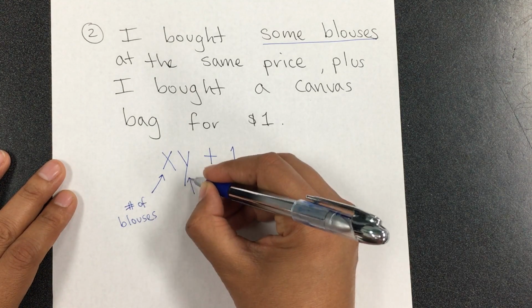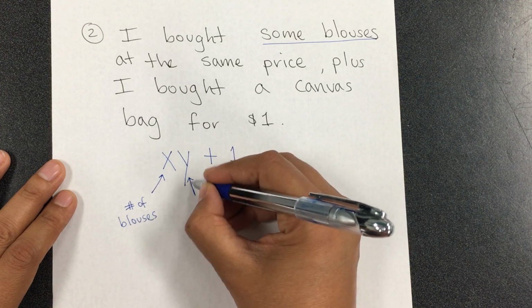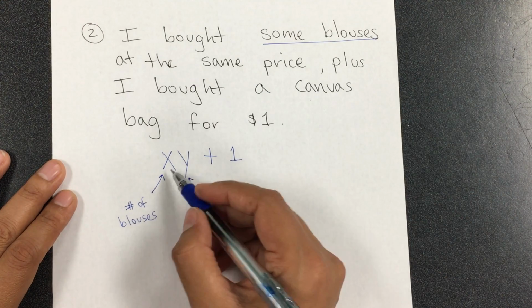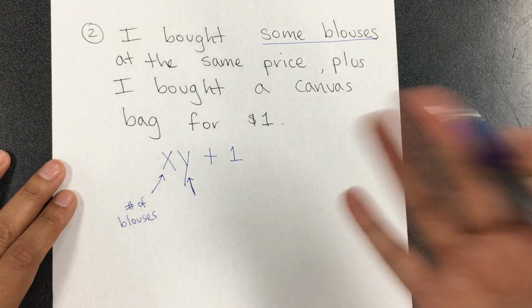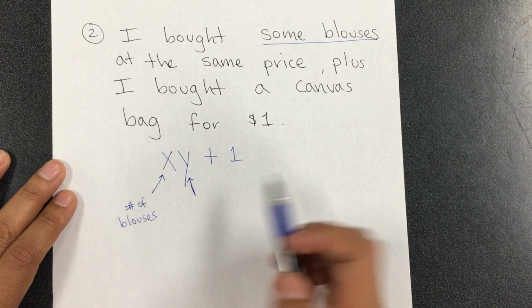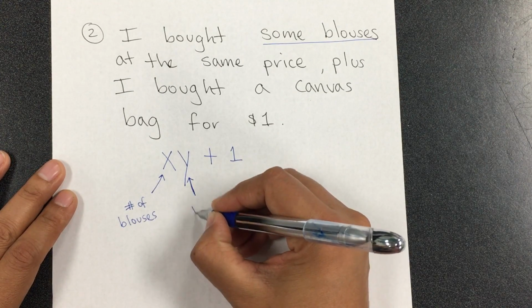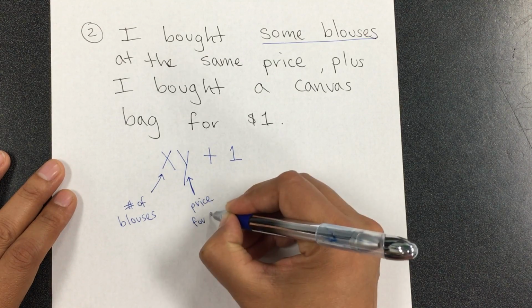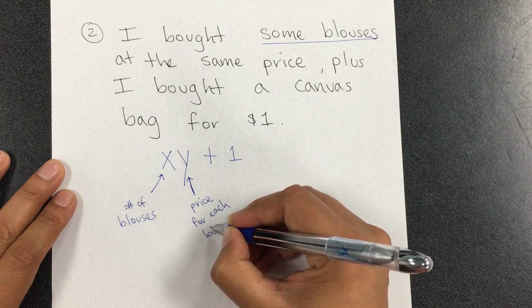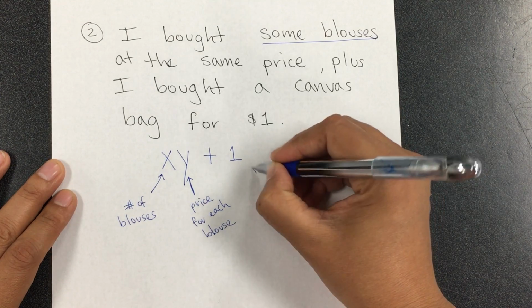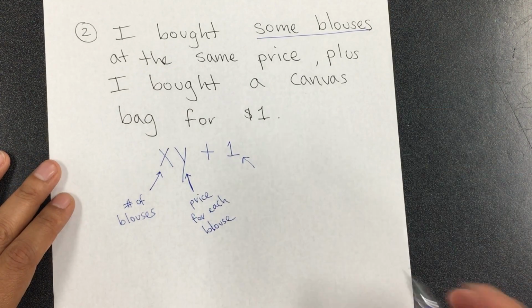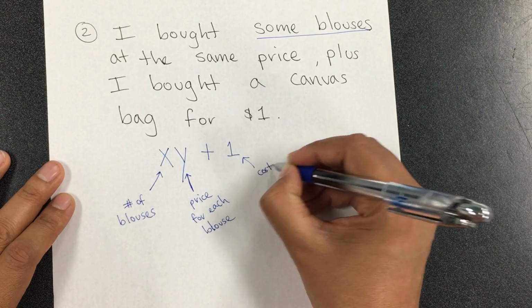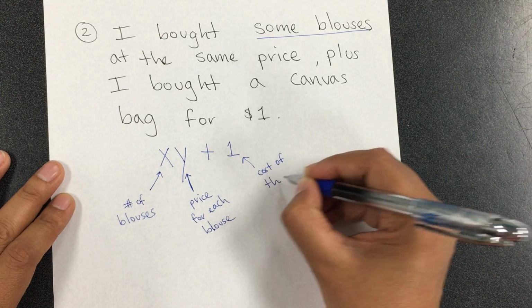Okay, so the x represents the number of blouses, and we don't know how many we're buying. But whenever you want to figure out the price, we multiply by the price, right? The number of blouses times the price gives me the total amount that I'm going to pay for those blouses. So price for each blouse. And this +1 refers to the cost of the canvas bag.